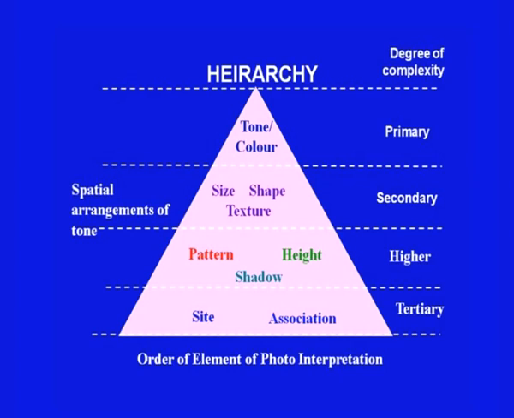Pattern, height and shadow are higher level characteristics, and tertiary are site and association. So, when we are categorizing or identifying an object in a scene or a group of objects in a scene, probably tone would be the first characteristic that the analyst may keep in mind in identifying different groups of information classes.